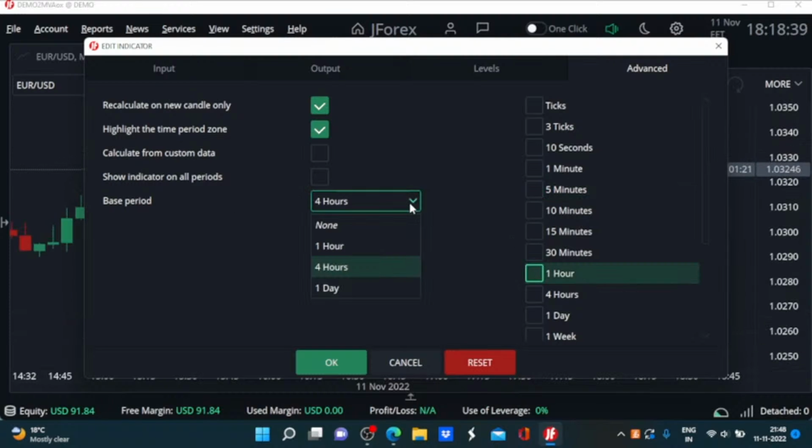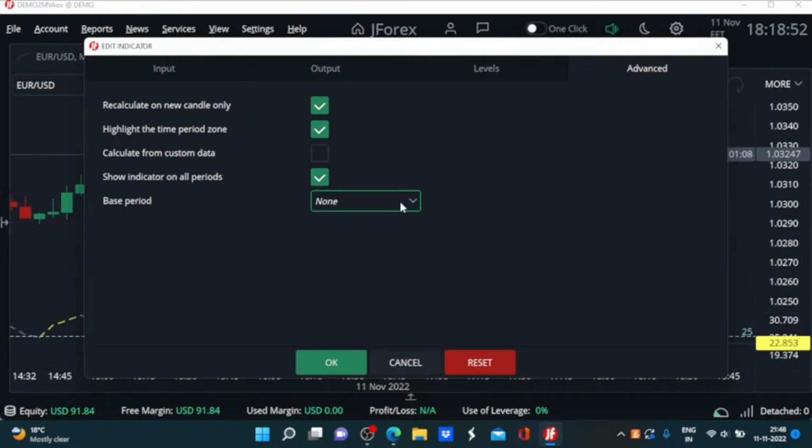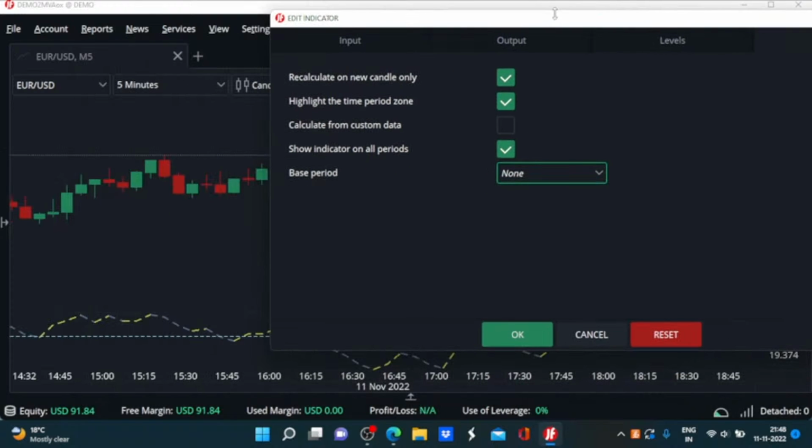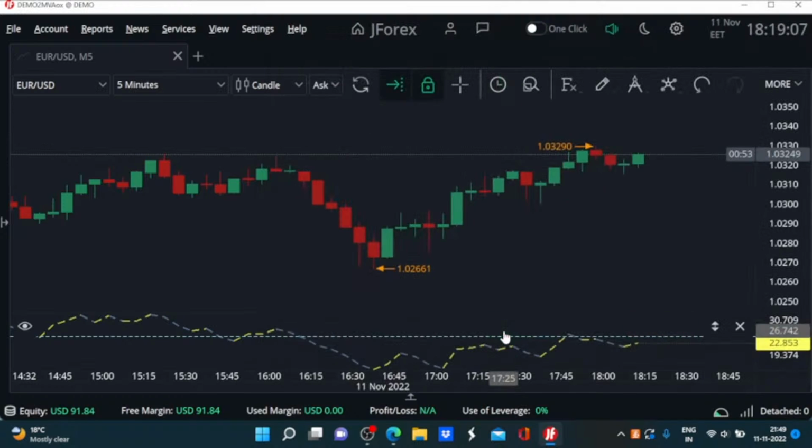Base period can also be different. We have these options to use different base periods. Okay, now the plotting of the indicator is back. 4 hours, day, but not much of a difference is being observed in the output value of the indicator.